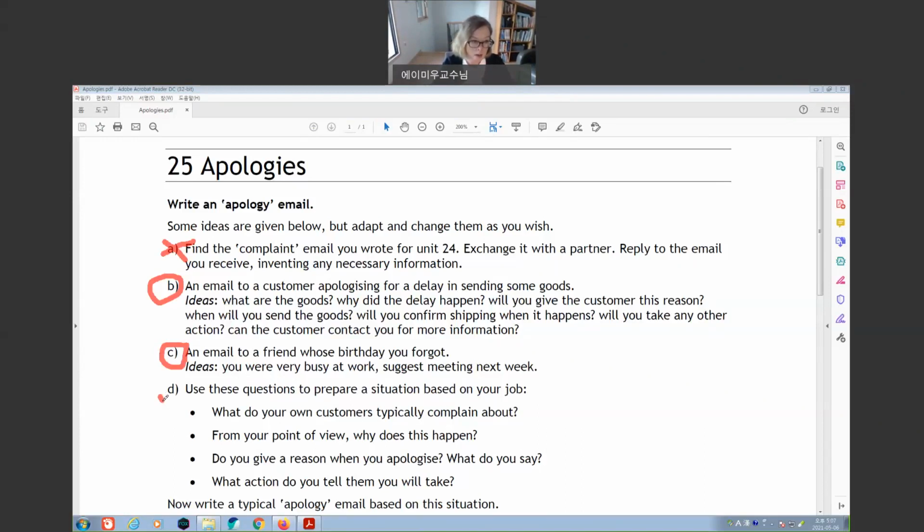Or you guys could prepare a situation based on your job, if you guys have any part-time jobs. Okay, what do your own customers typically complain about? From your point of view, why does this happen? Do you give a reason when you apologize? And what do you say? And what action do you tell them you will take?